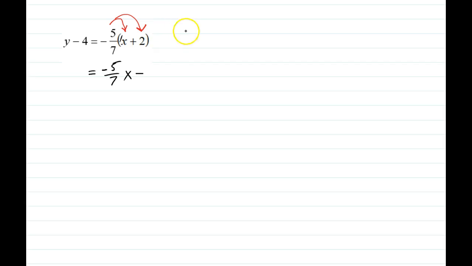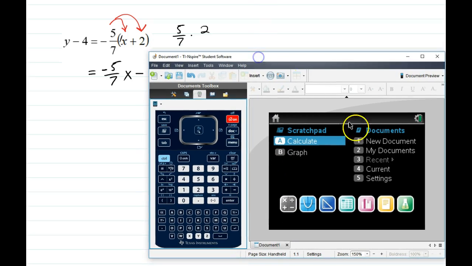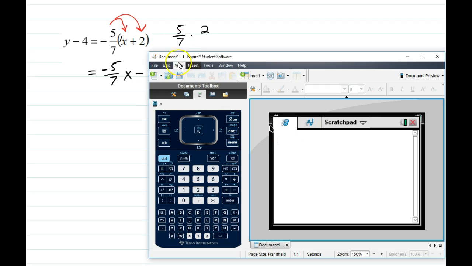And now we need to do 5/7 times 2. Well, you can do it one of two ways. On your yellow calculator, we can do 5/7.